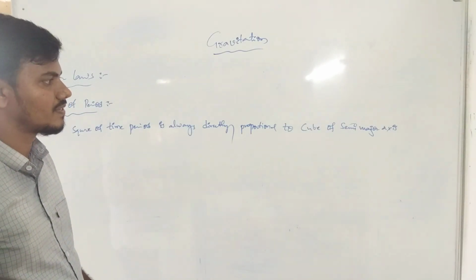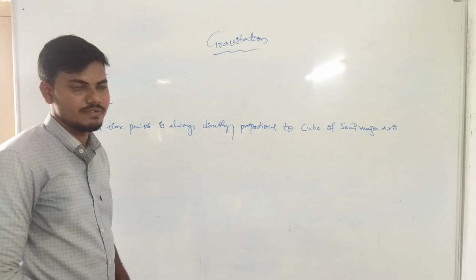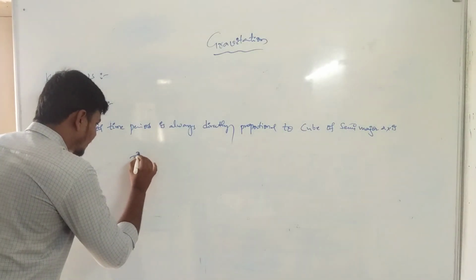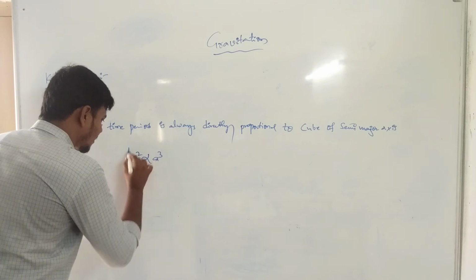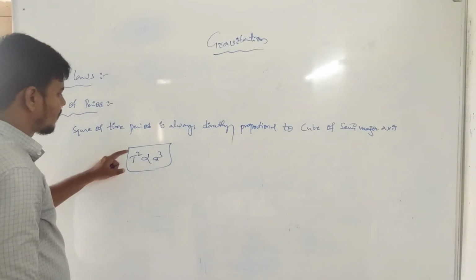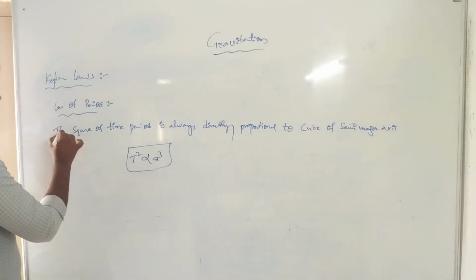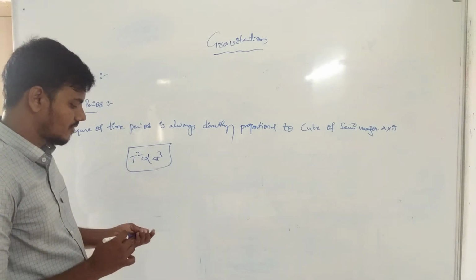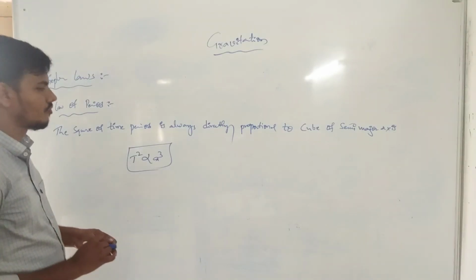The semi-major axis we take as a. So T square is always directly proportional to a cube. Now this is the law of periods.